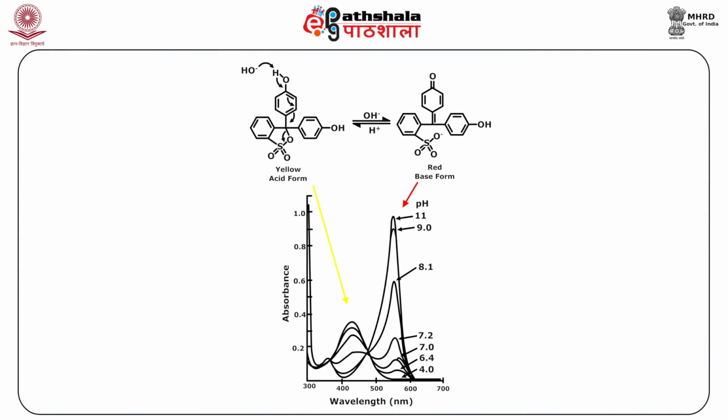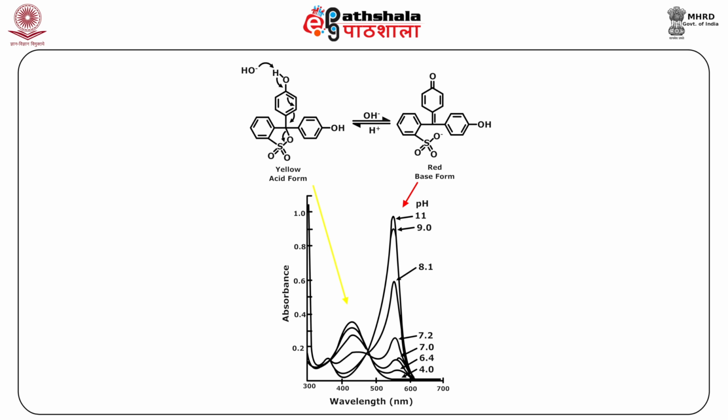For example, phenol red undergoes a resonance makeover when going to the basic variety, which is red in color, from acidic, which is yellow in color.